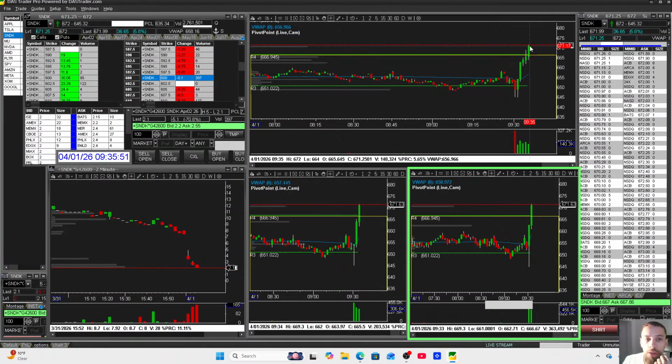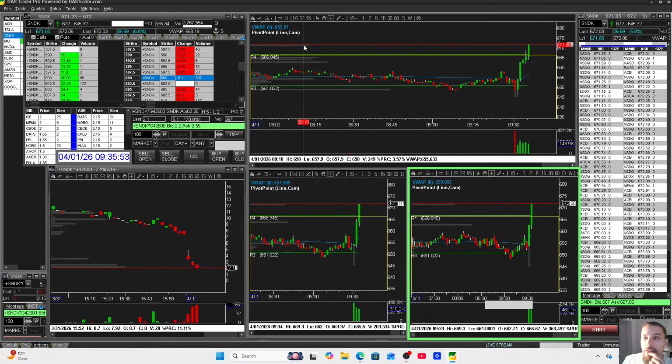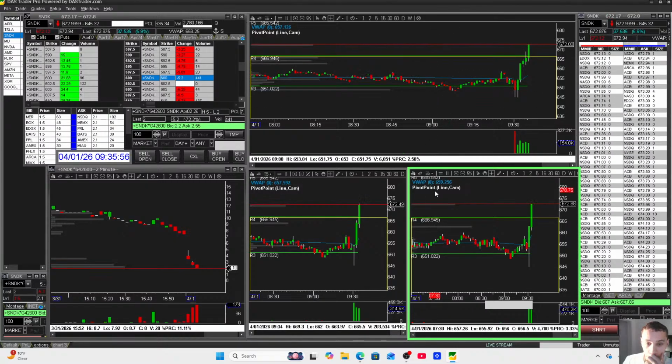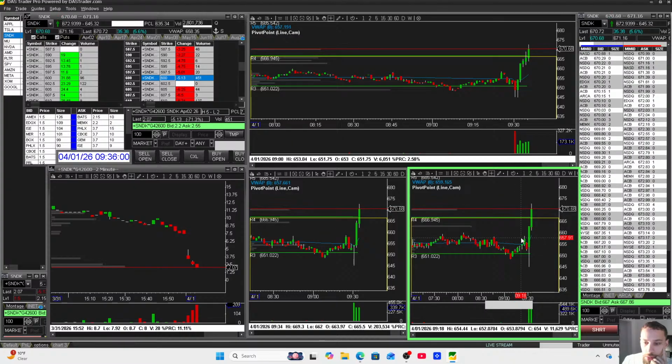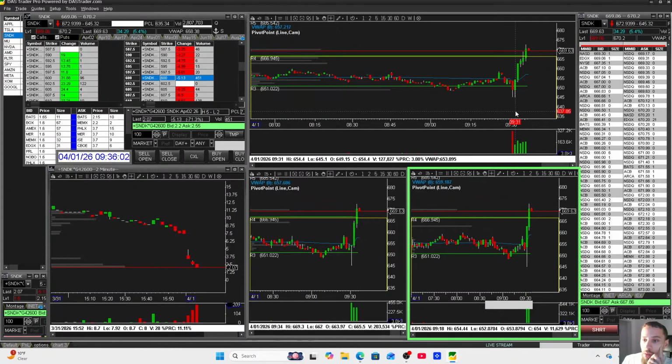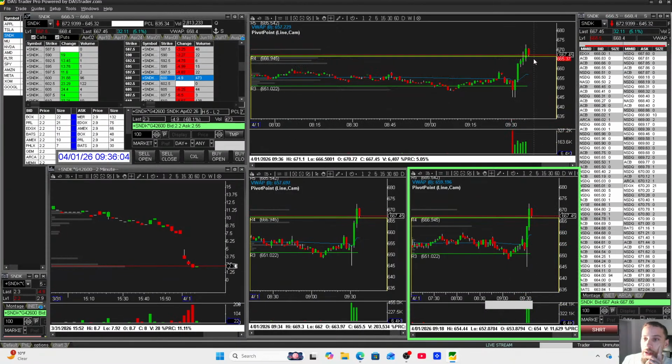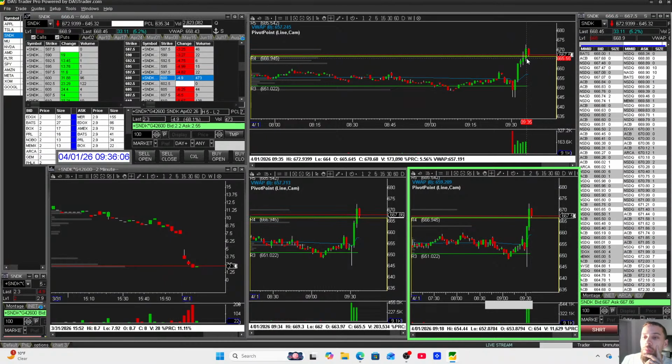Lots of liquidity up here. You can see the volume. Looks very strong. It's trying to break out of this R4 level. Pulling back a little bit.